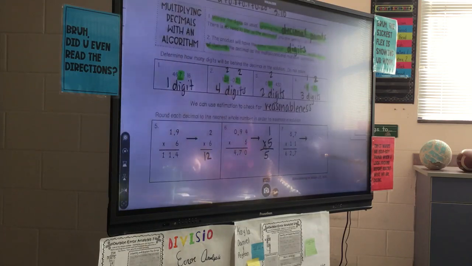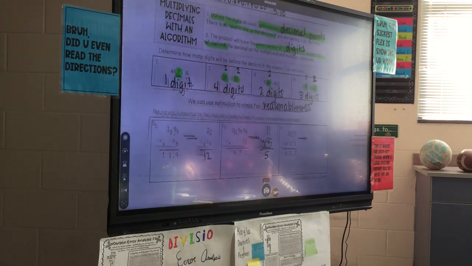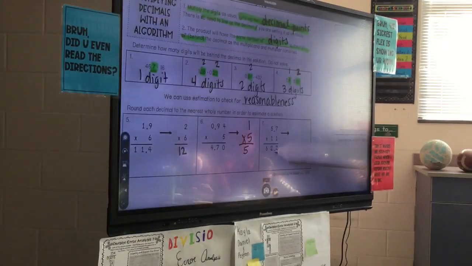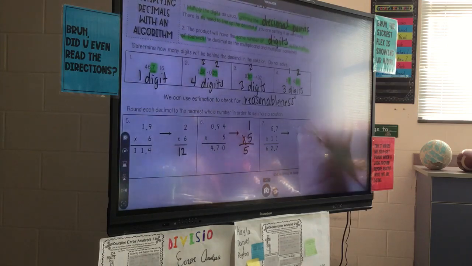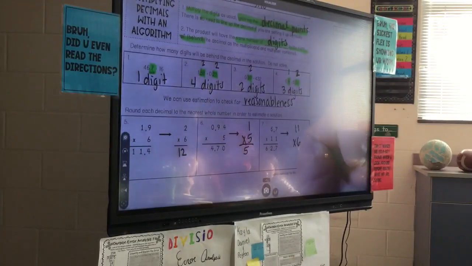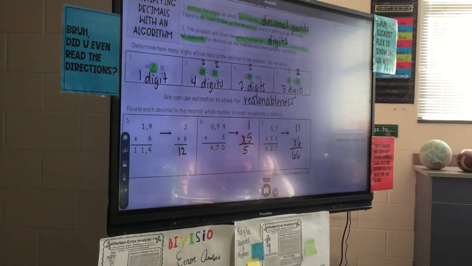All right, what about the next one? So we have 5 and 7/10 times 11. So that's saying that it's going to be 62 and 7/10 is the exact answer. What would we round 5 and 7/10 to? DK? We rounded it to 6. Okay. And then we would do 11 times 6, which gives us 66, which is fairly close.